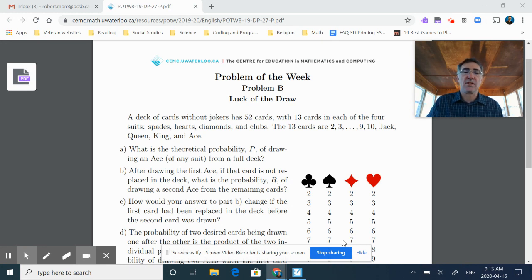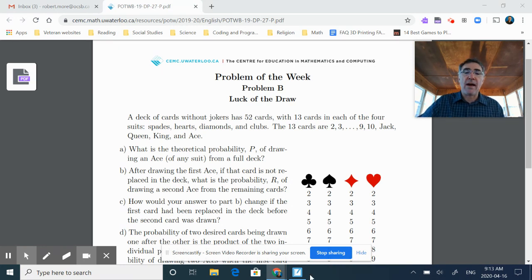So we have to draw this out a little bit. The first key clue is ace of any suit. So we ask ourselves, how many aces are there in an entire deck of cards? Well, there's 4. There's 4 for each suit. And then how many cards are there in a full deck? Well, they've already told us that. That's 52.